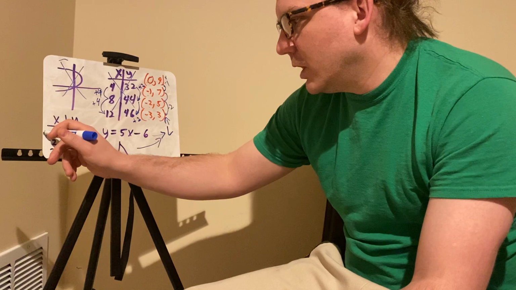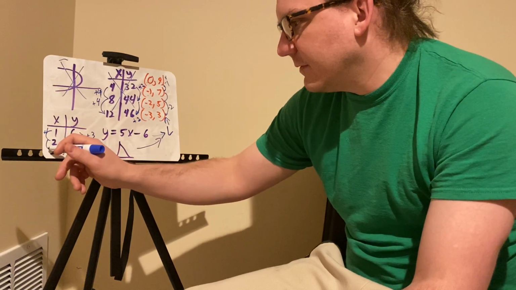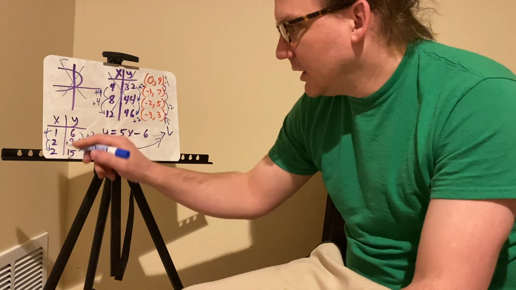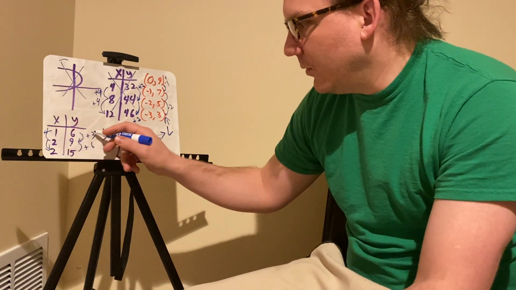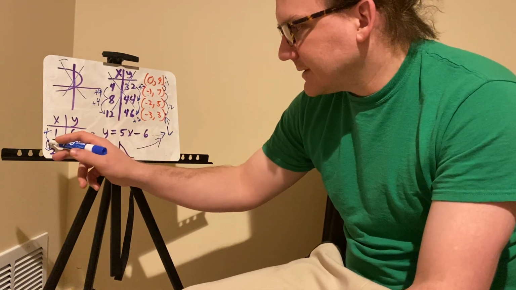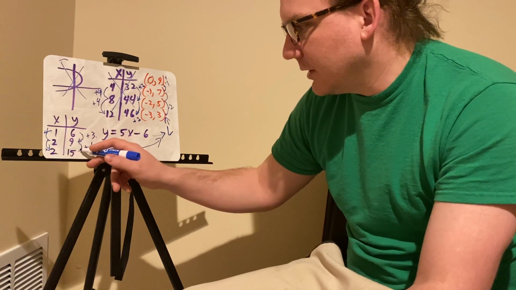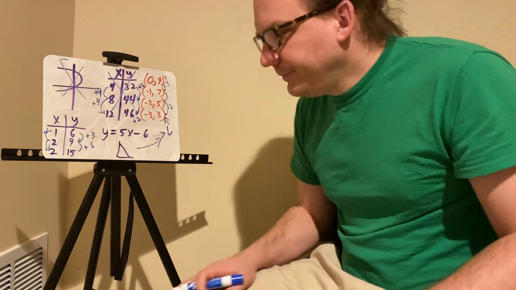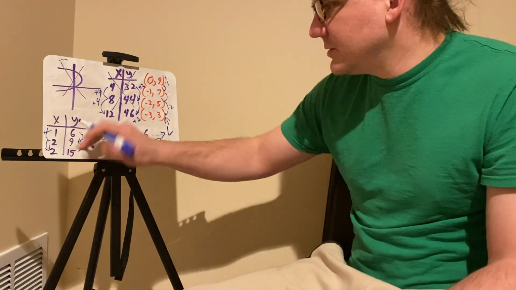But this is +1. And then this is where you know it's definitely not a linear function, because it goes from 2 to 2. It's +0. So as x increases by 1, y increases by 3, and then x increases by 0, and y increases by 6. That's not even a function to begin with. We'll talk more about that in algebra, but this would be nonlinear.